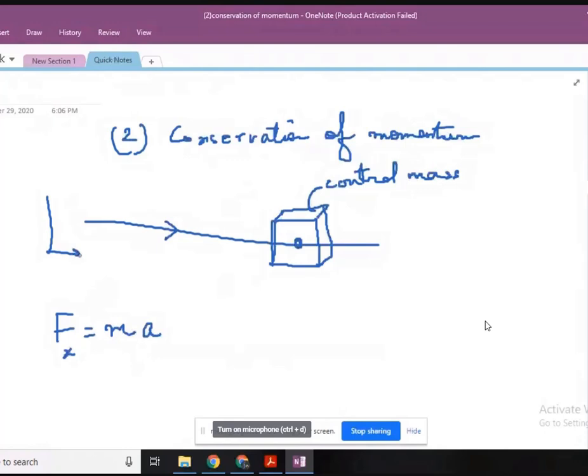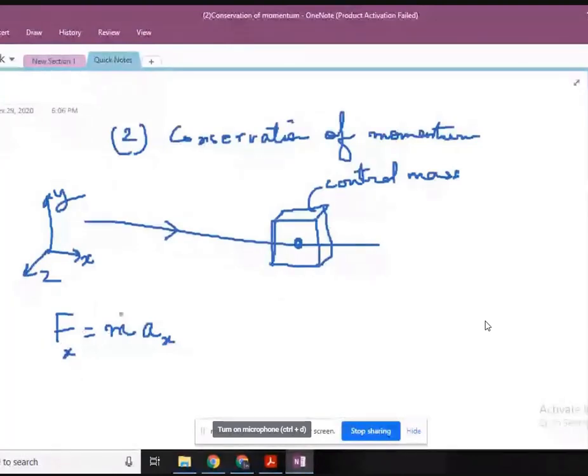This can be done in all the different directions, and I don't want to elaborate so much because the same set of equations will repeat for other coordinate axes. The mass is not changing, it's a control mass, and the acceleration of the element has to be tracked. This will give you the net force that is affecting it.